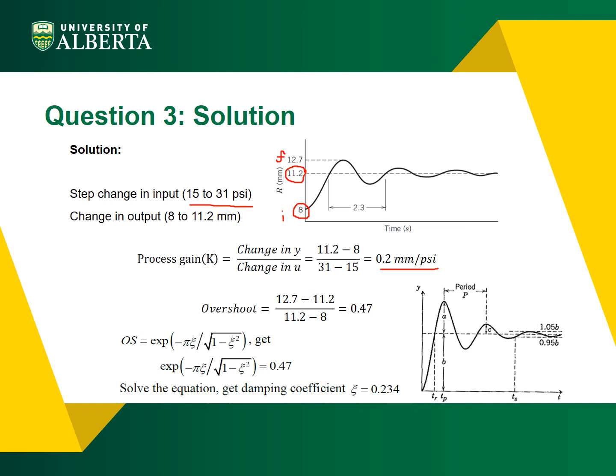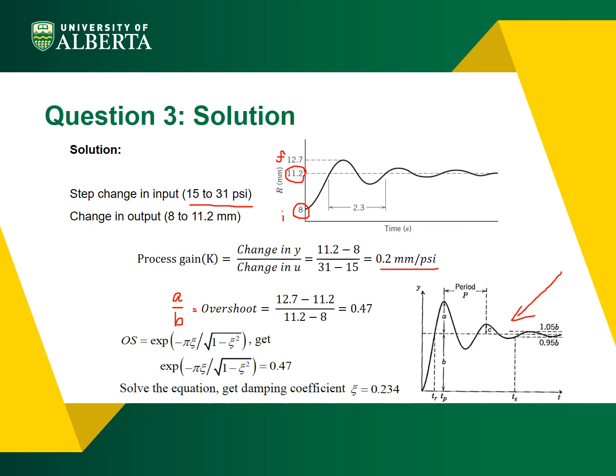And I've just given an image here. So overshoot is equal to A by B from the graph.